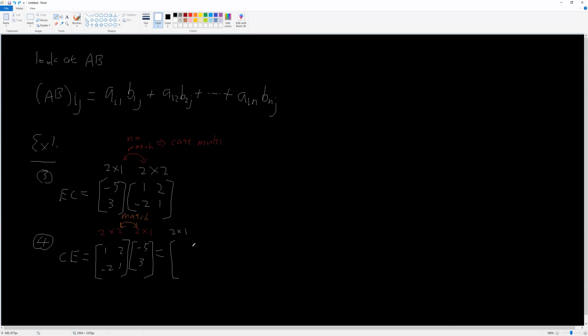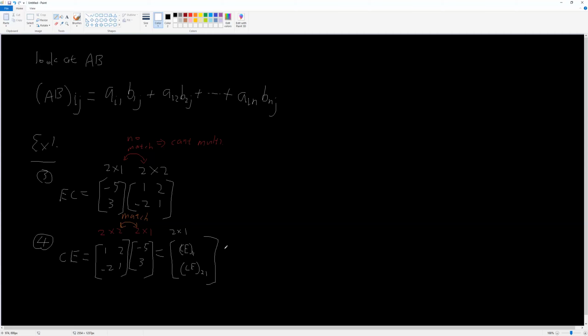So let's name those entries. This is the matrix CE, row 1, column 1, and this will be CE, row 2, column 1. Then we can use these two entries and apply the formula up here.